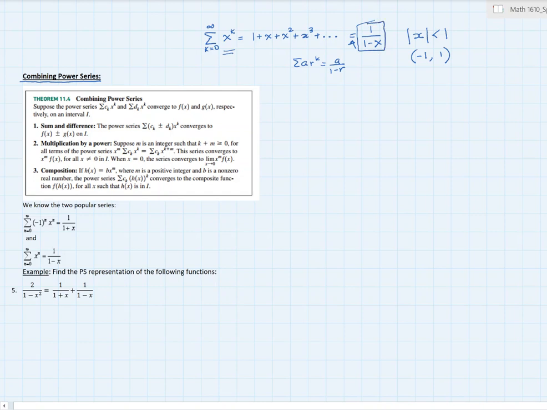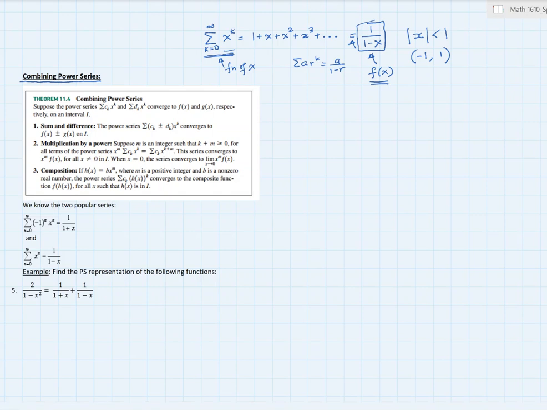Now you notice that a power series is a function of x because it's got x in it. So when it converges, it converges to some function of x. Now it's not very frequent that we know what this function is going to be, because if you notice in the previous examples, all that we could do was find the interval of convergence.